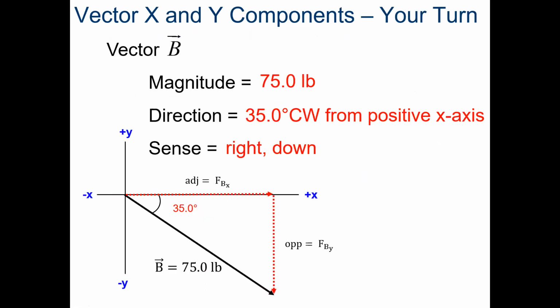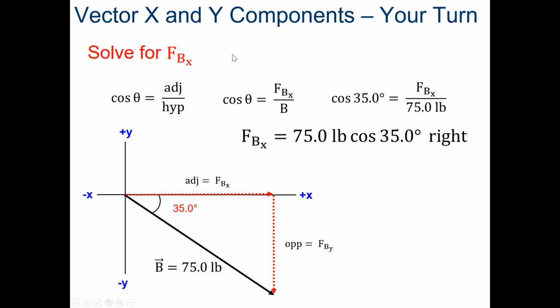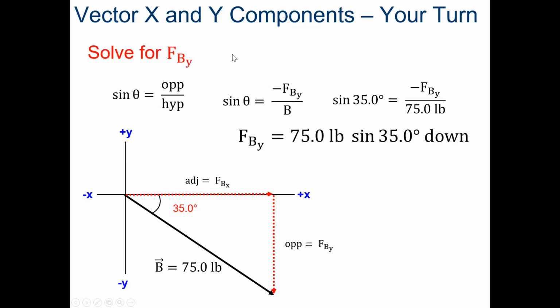Okay, so now that we have determined the magnitude, direction, and sense of force vector A, and solved for the component forces, it's asking us to do the same thing with vector B, okay? I'm not going to spend much time explaining how we got the component forces for vector B, so let's just slide through these different slides.